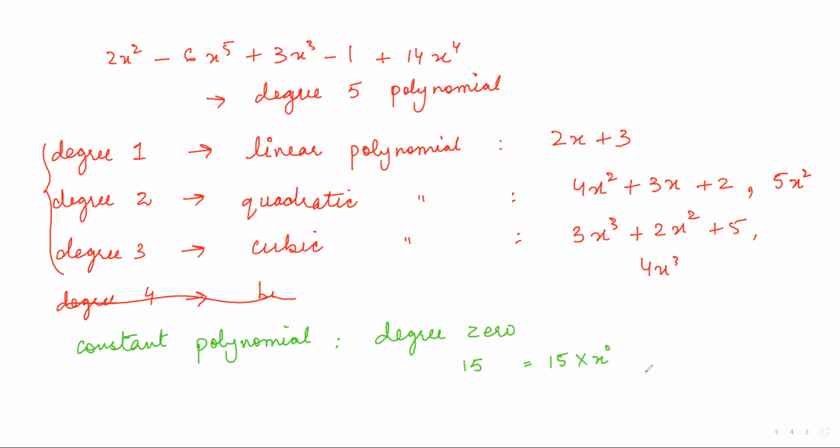So this is a degree 0 polynomial. Such numbers, like simple numbers, are called constant polynomials. Understood? Example, if I write simple 2, it's a constant polynomial, right? 6, it's a constant polynomial. Understood? Yes, ma'am. Okay. So I hope it is clear now.